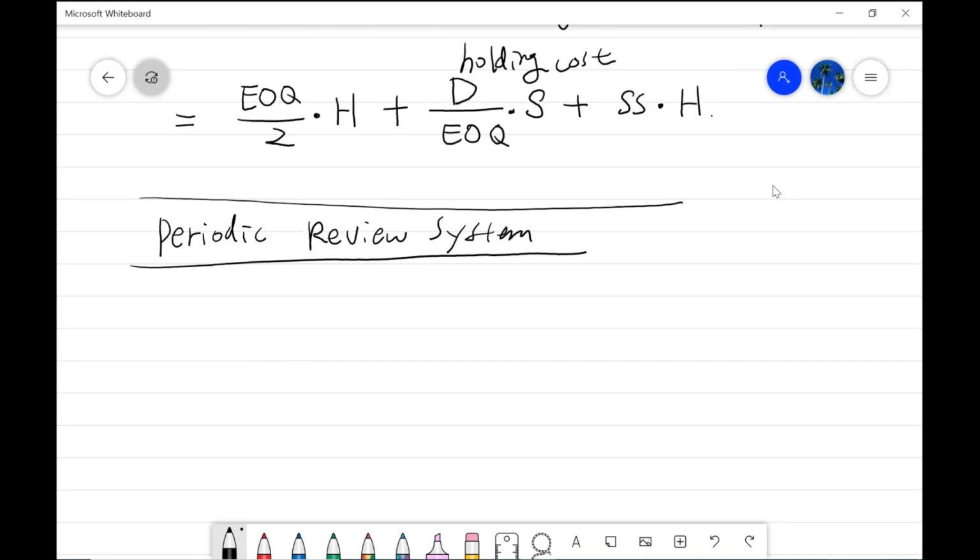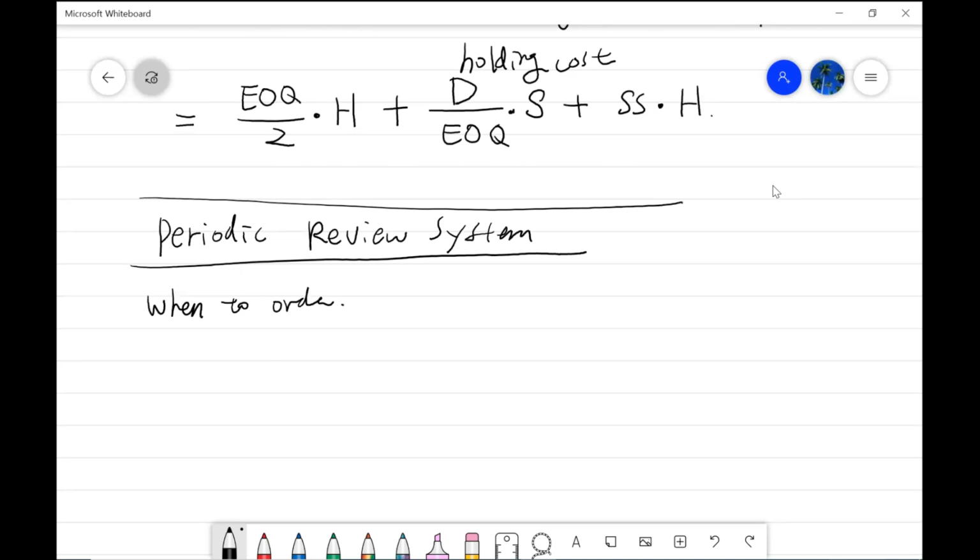Okay, so if I give you the conclusion first, under the periodic review system, let me talk about when to order. Because it's periodic, that means it's a kind of routine job to visit your warehouse and place an order. So I assume that when I visit my warehouse, that's the time I place an order.